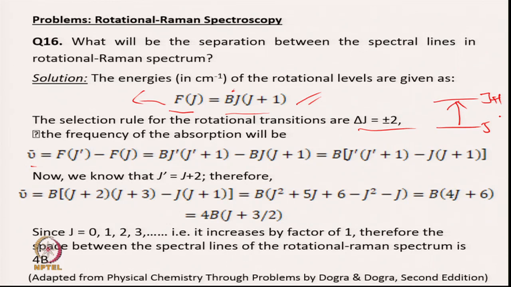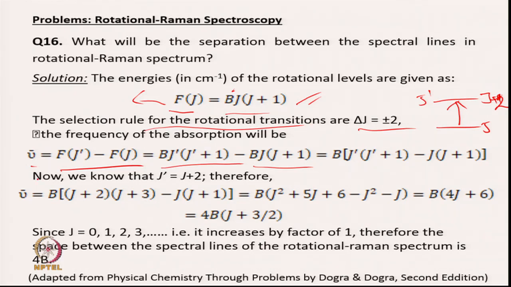So, that is given by F(J dash) minus F(J). For J dash you can write B J dash (J dash plus 1) minus B J (J plus 1), and J dash will be J plus 2, because your selection rule is delta J equal to plus minus 2.